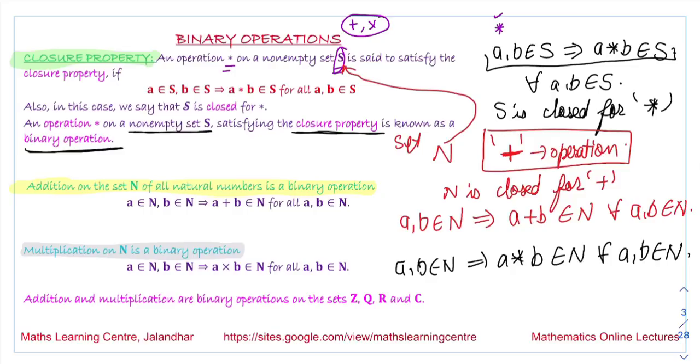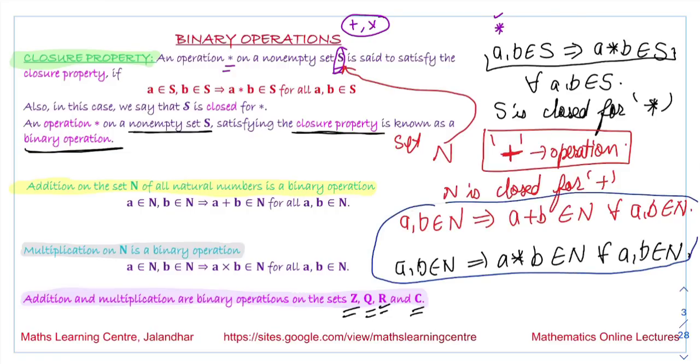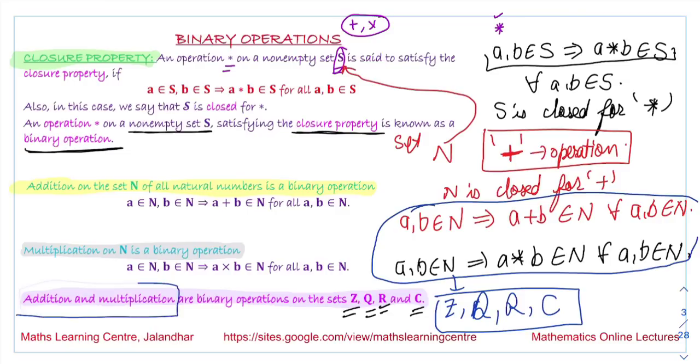We have mentioned this result here: addition and multiplication are binary operations on the set of integers, rational numbers, real numbers and complex numbers. As we have proved in this case, we can prove this result for these sets.